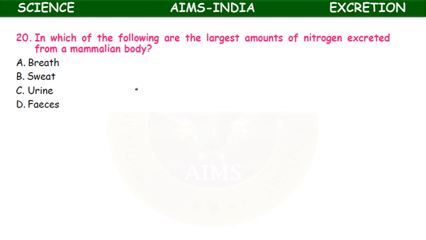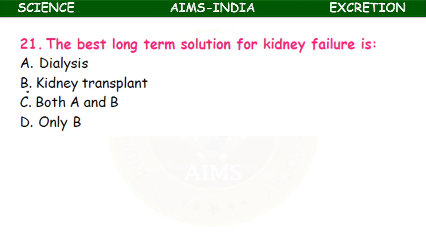Okay. In which of the following are the largest amounts of nitrogen excreted from a mammalian body? Breath, sweat, urine, feces. In the form of urine, most of the nitrogenous wastes are eliminated.